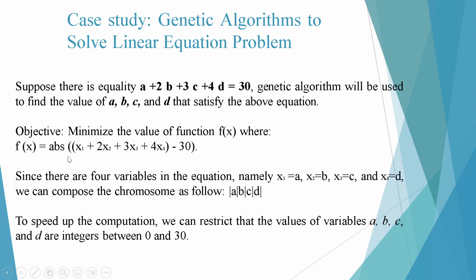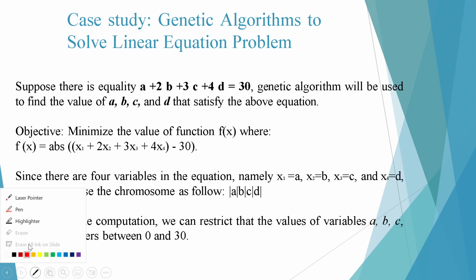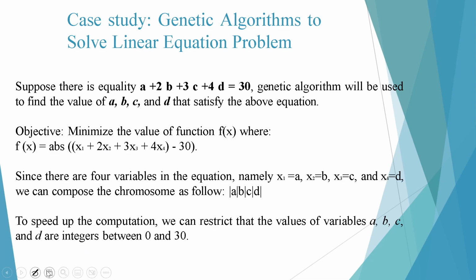So the objective function becomes: first we move the 30 to the left side, so x1 plus 2x2 plus 3x3 plus 4x4 minus 30, and then we take the absolute value. If we don't take the absolute value, when we minimize, we may get the most negative value.